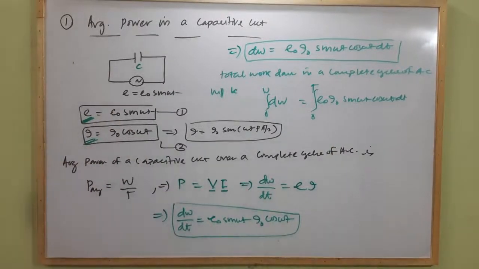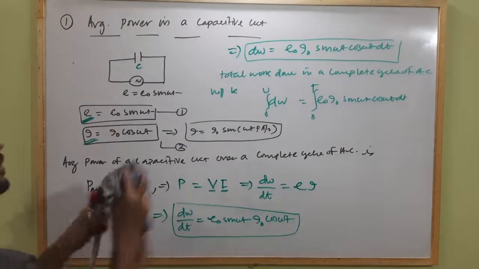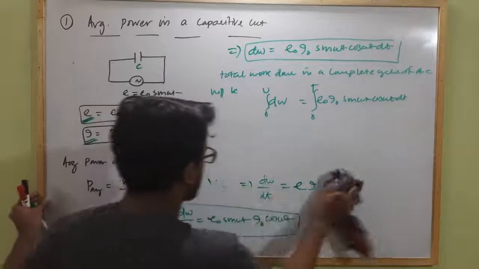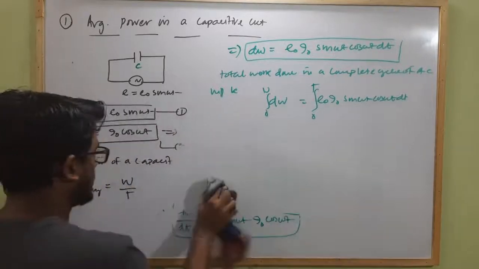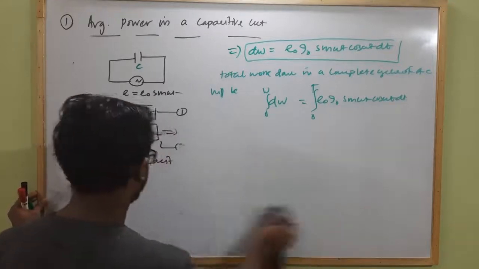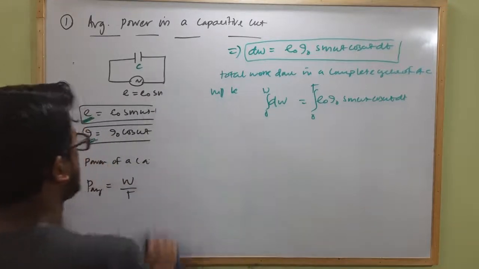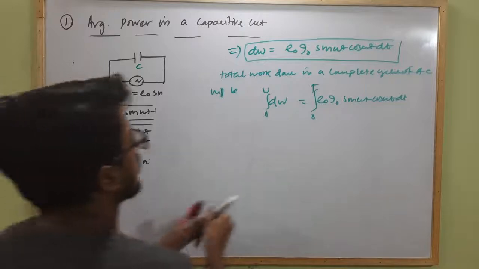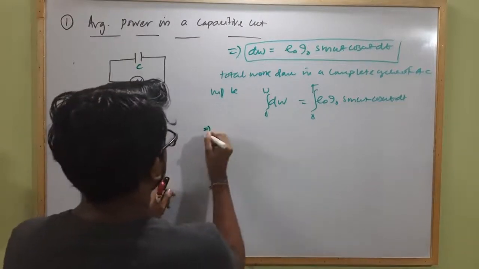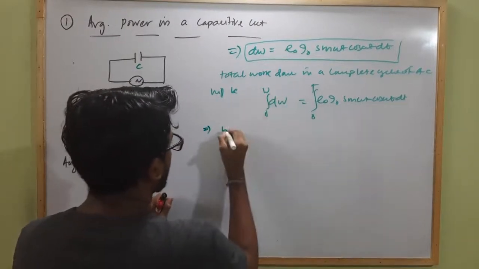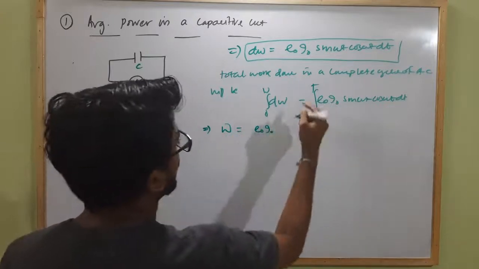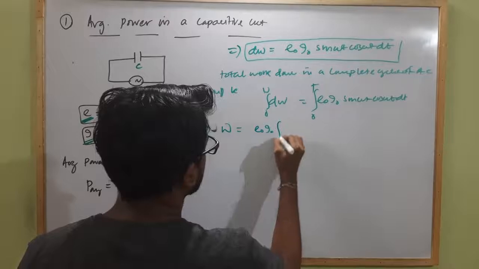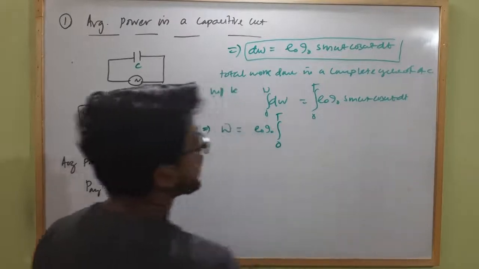So now integrating this, the total work W will be E naught I naught, taking out of the integration, from 0 to T sin omega t cos omega t.